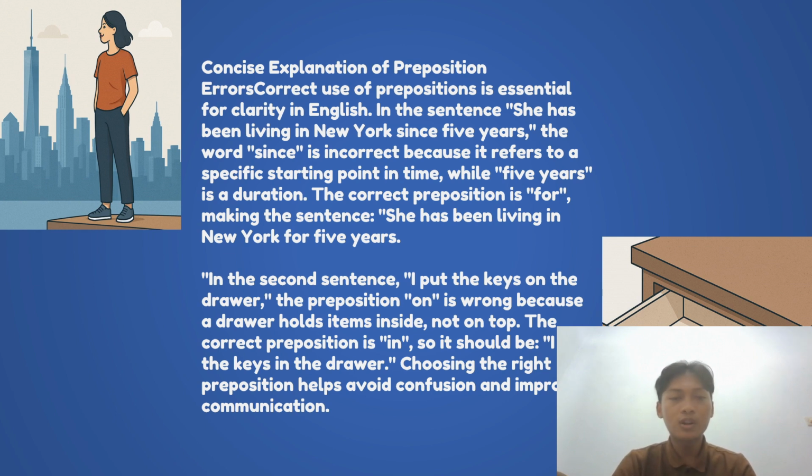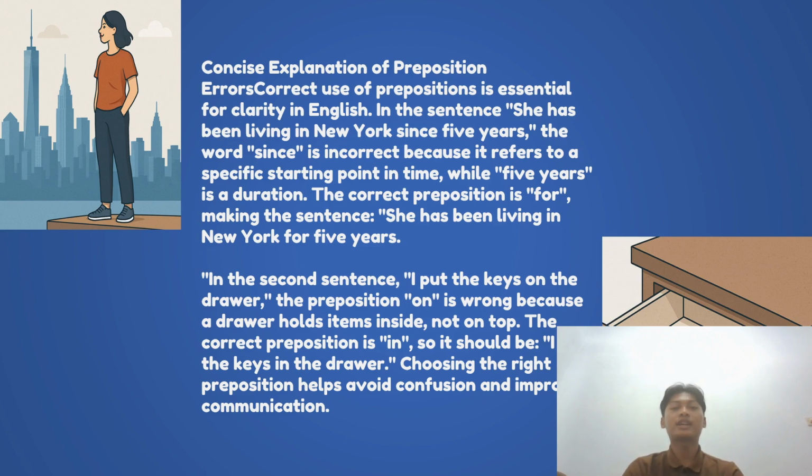The word since is incorrect because it refers to a specific starting point in time, while 5 years is a duration. The correct preposition is for, making the sentence, she has been living in New York for 5 years.